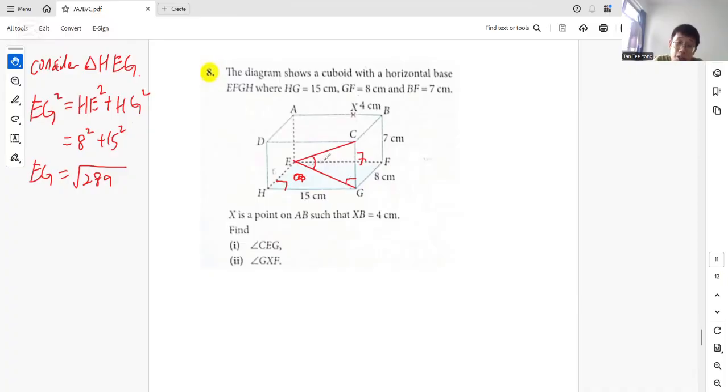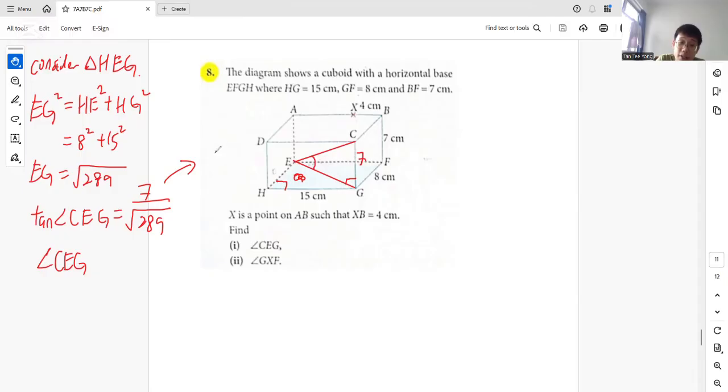So how do we find angle CEG? Use tangent: opposite over adjacent. So tangent of angle CEG equals opposite 7 over adjacent, which is square root 289.